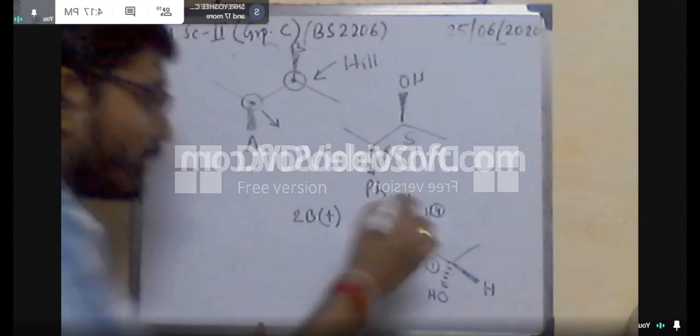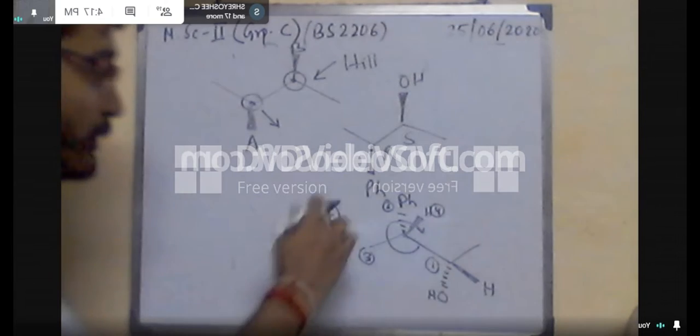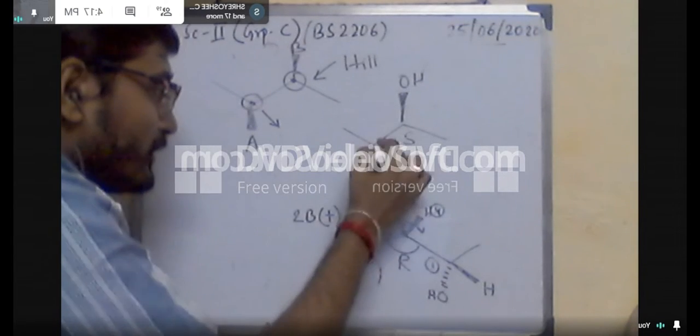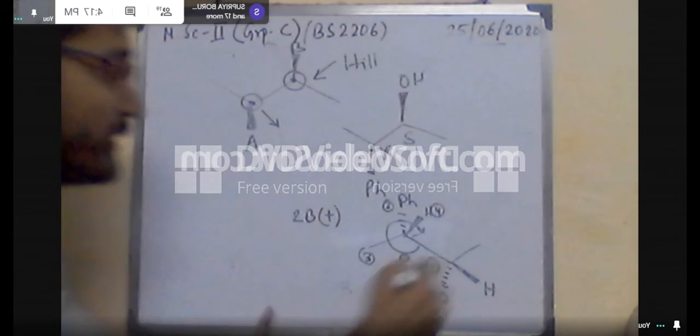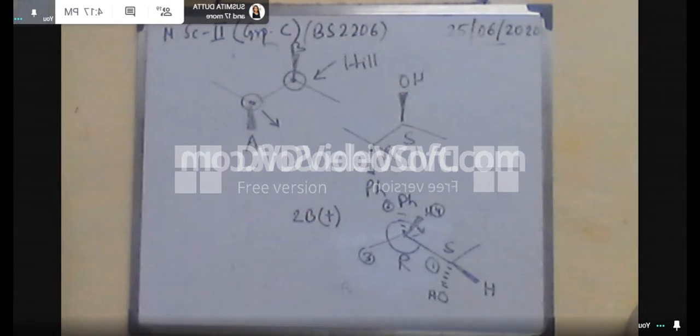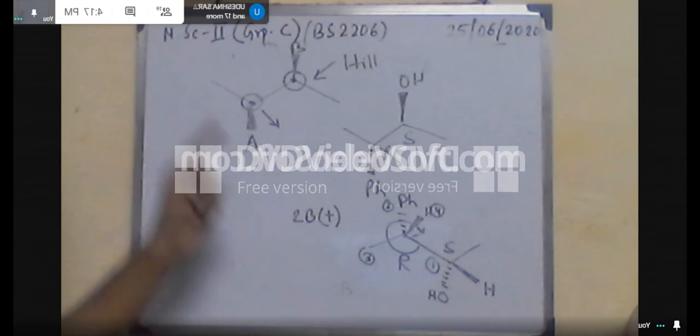Now you know, in between these two conformations, this is the stable one, the equatorial, where the substituents remain at the equatorial position to minimize the gauche-butane interaction, but the other is less stable.